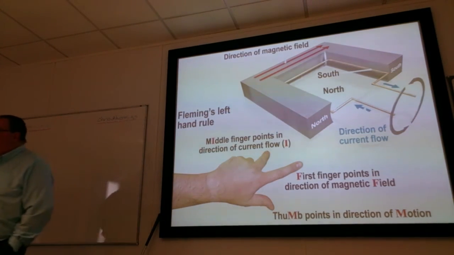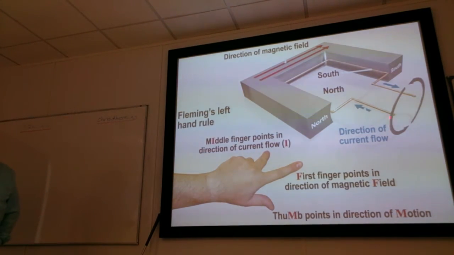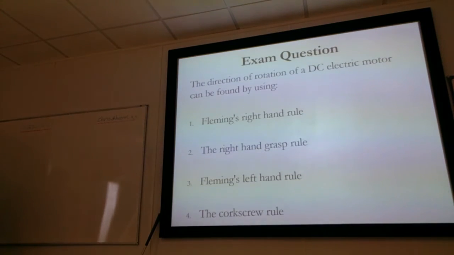So, if we make current flow through this coil here, through a magnet, the result will be rotary motion in this direction. That's the sort of question you're going to get on Fleming. Three. Yeah, Fleming's left-hand rule.